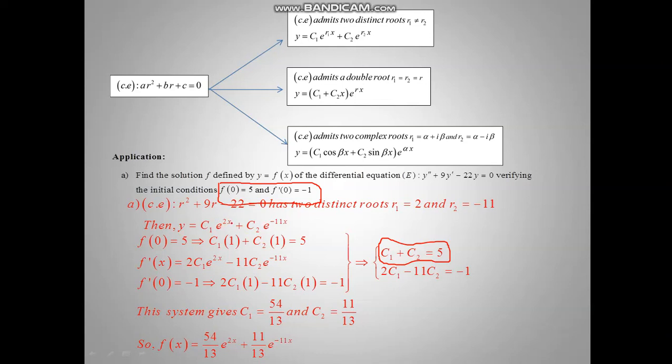The derivative of c1 e to the 2x is equal to 2 c1 e to the 2x. The derivative of c2 e to the minus 11x is equal to minus 11 c2 e to the minus 11x, and we replace x by 0 to get another equation of two unknowns. By using the calculator, we get c1 equal 54 over 13 and c2 equal 11 over 13. And this one is the particular solution of the differential equation.